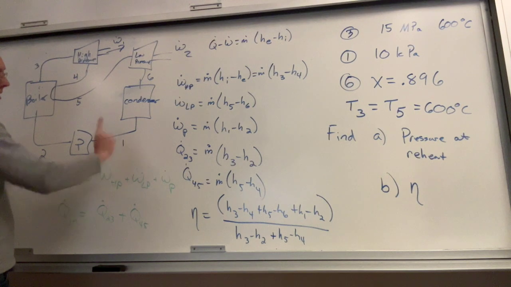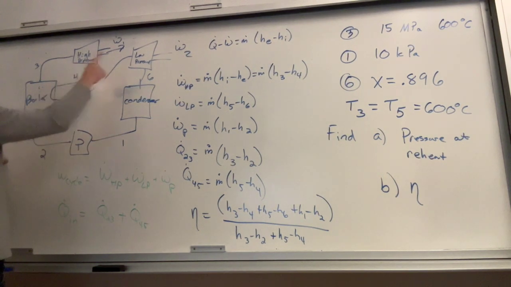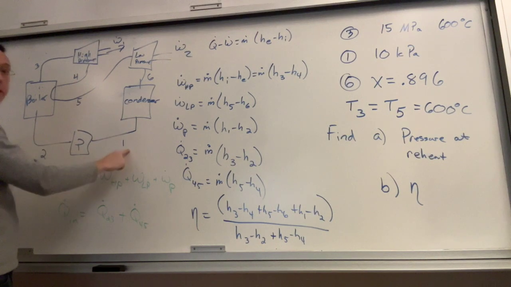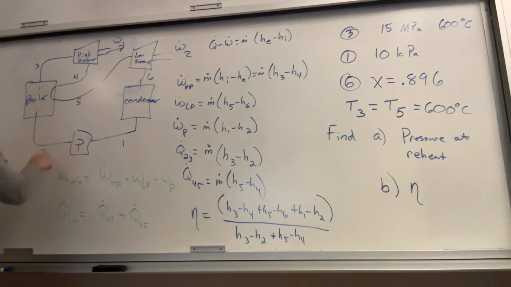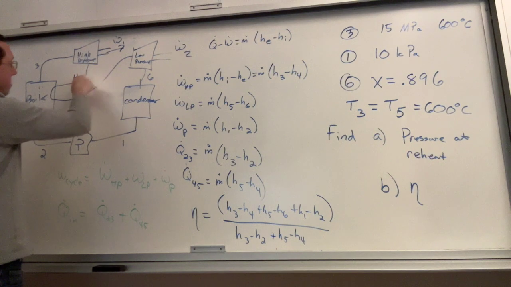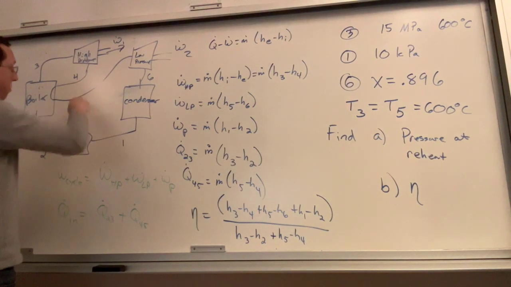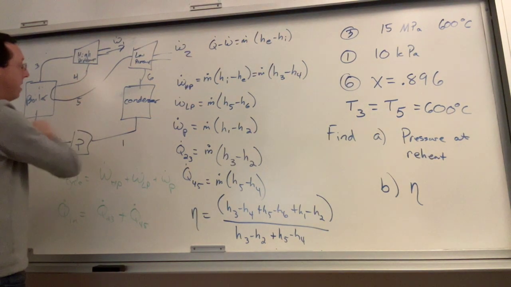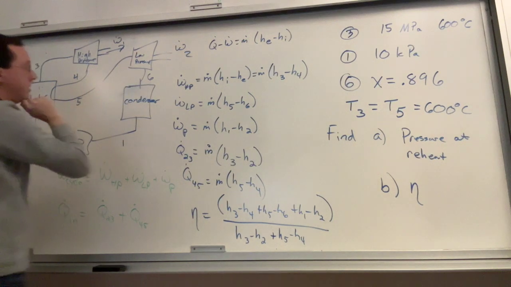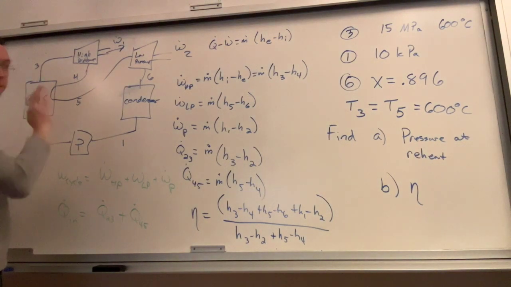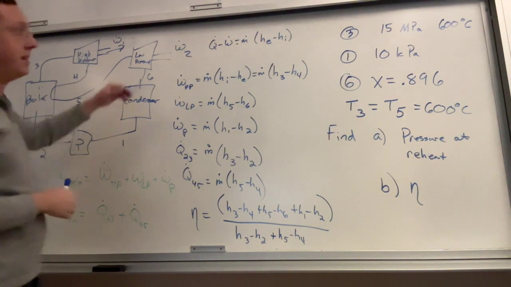I'm going to label the states 1 through 6, starting with after the condenser. After the condenser is state 1, after the pump is state 2, after the boiler the first time is state 3, after the high pressure turbine is state 4, after the boiler the second time is state 5, and after the low pressure turbine is state 6. So those are my states.